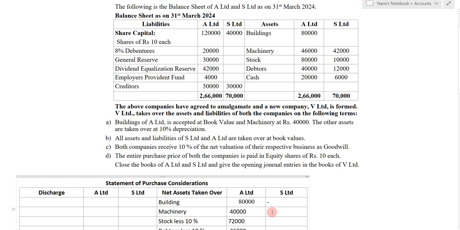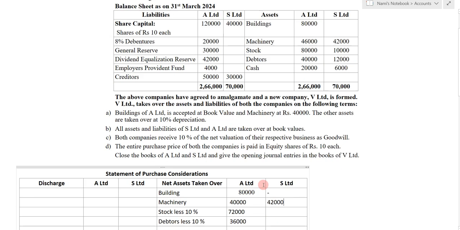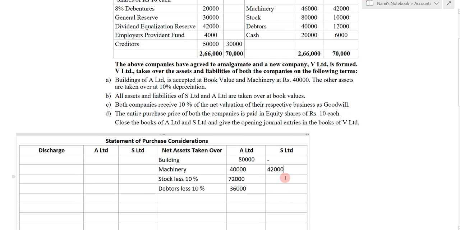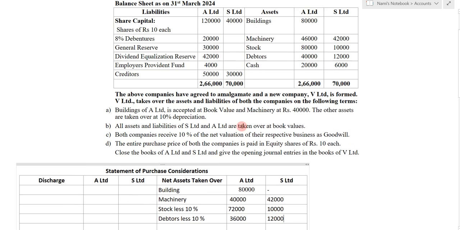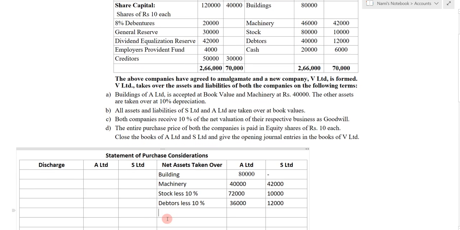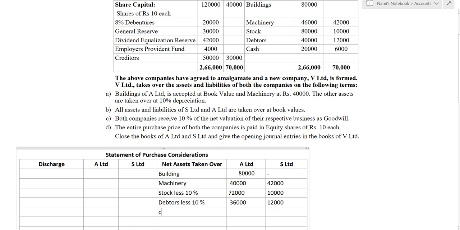Machinery 42,000, stock 10,000, then debtors 12,000. Now what is remaining? Cash. Cash we have to take at the book value. Cash is how much? For A Limited, cash is 20,000, and for S Limited, cash is 6,000.